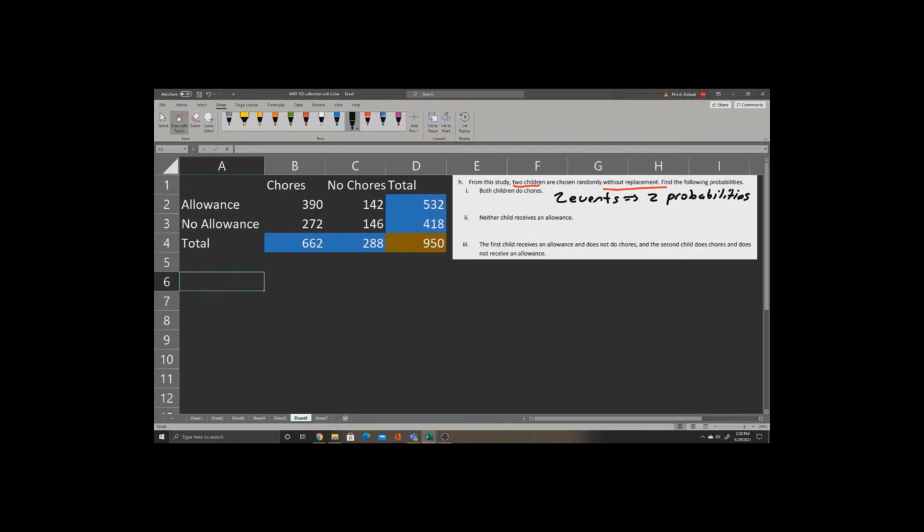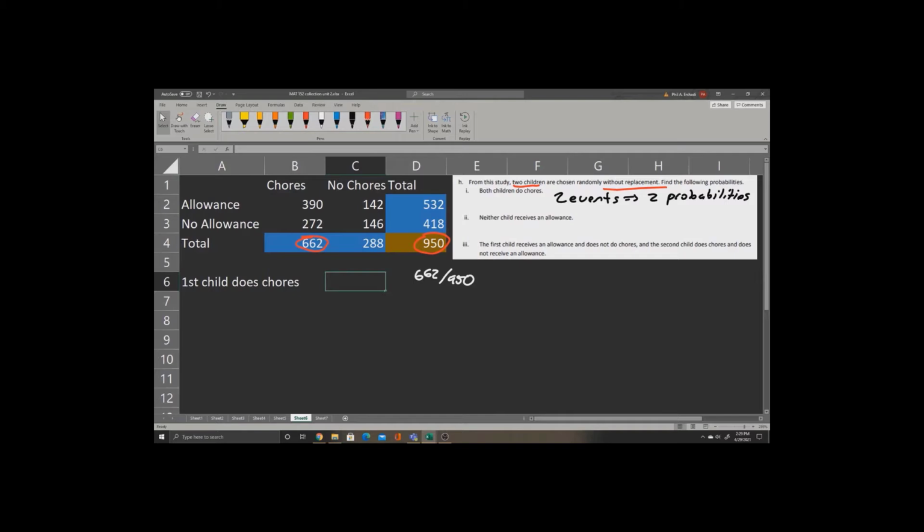Let's first calculate the probability that the first child does chores. To calculate this, we look to the category totals. We look underneath chores first. There are 662 children who do chores out of a total of 950. We take the 662 and divide by the 950.